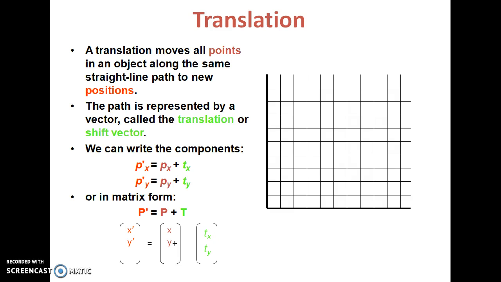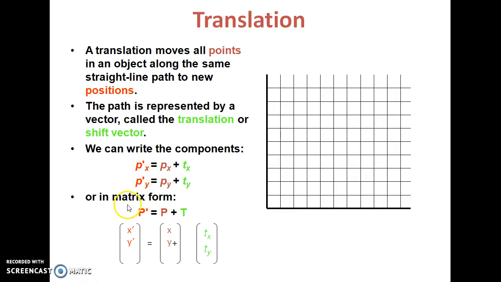Now the translation. How do we translate the object? A translation moves all points in an object along the same straight line path to a new position. The path is represented by a vector called the translation or shift vector. We can write the components: P dash x is equal to px plus tx, P dash y is equal to py plus ty.